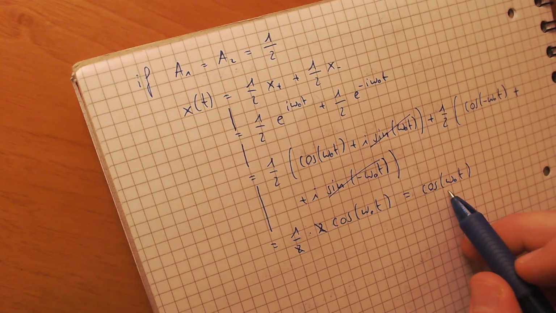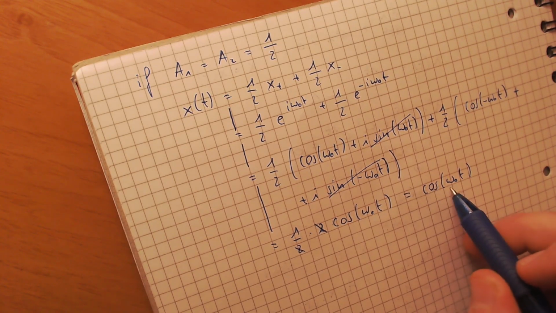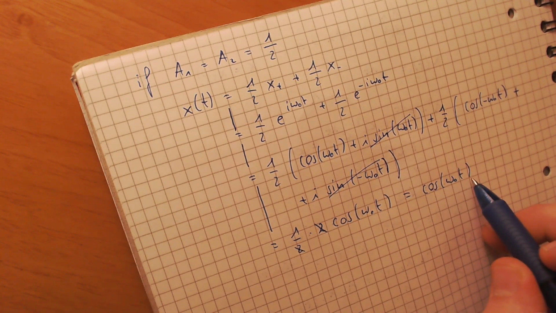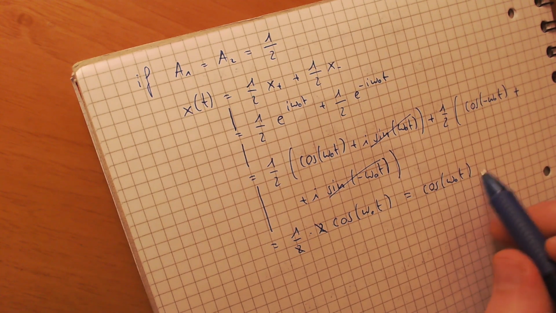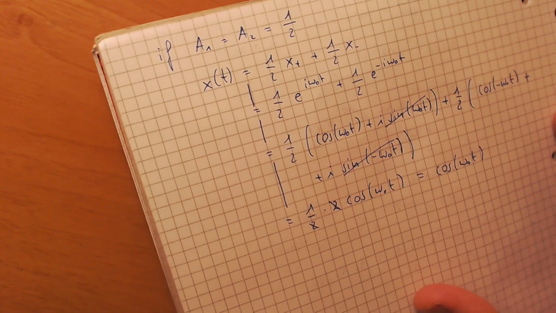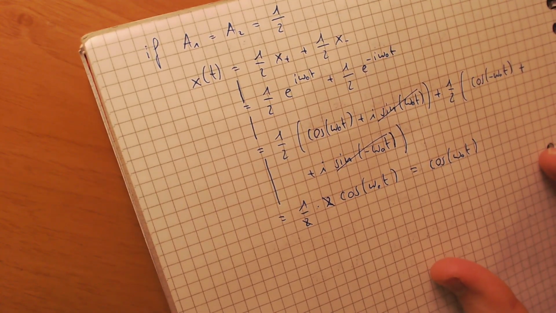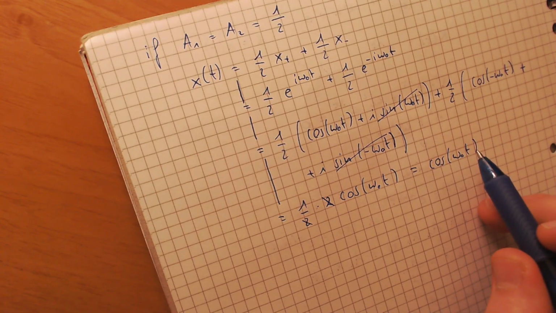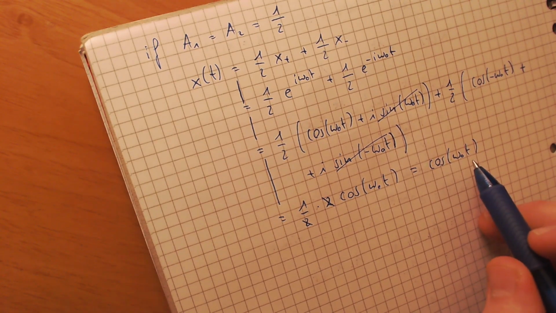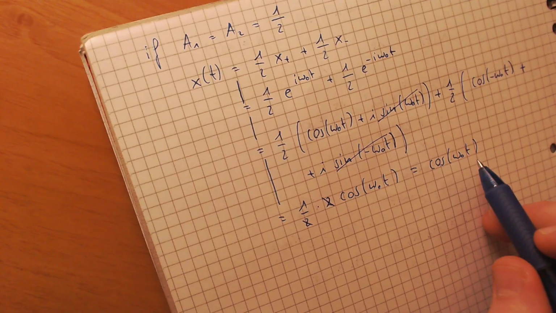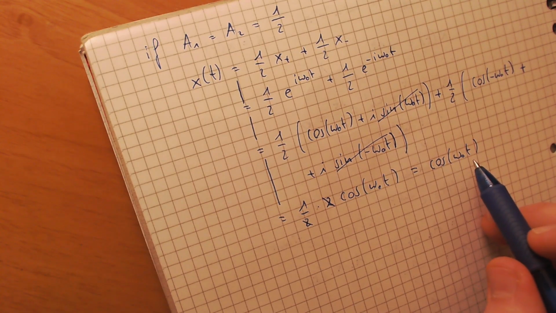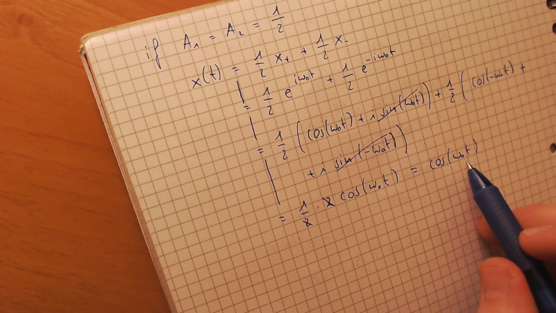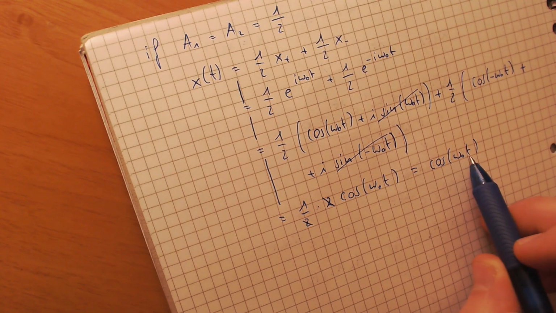The general solution of the equation this time is cosine of omega 0 t, which again is obviously a real solution. So we basically found that a solution can be sine of omega 0 t, and we also found that another real solution is cosine of omega 0 t.